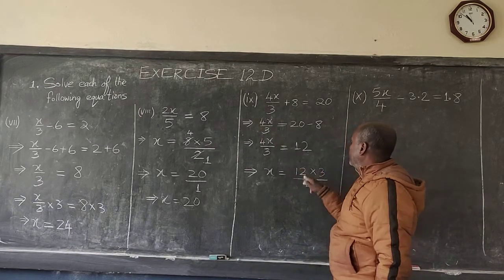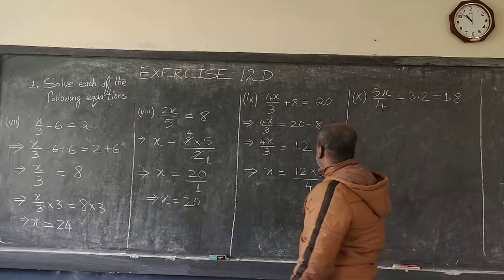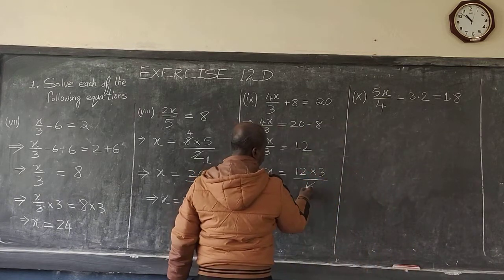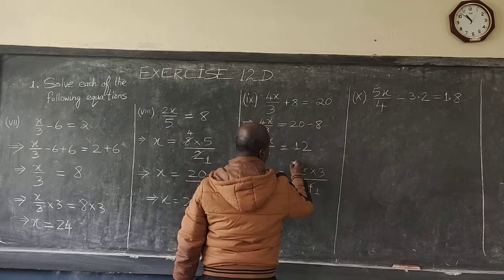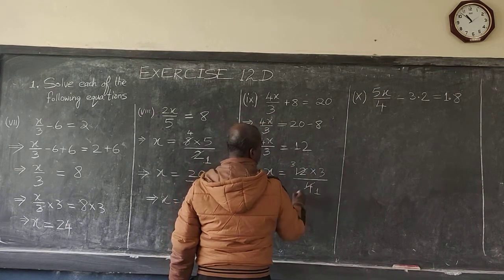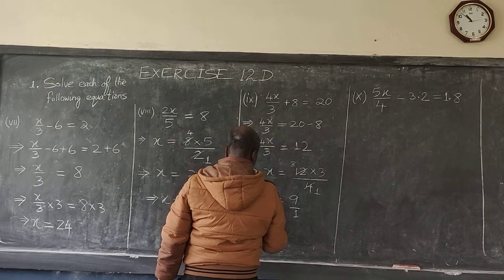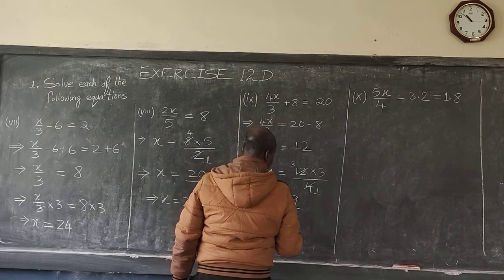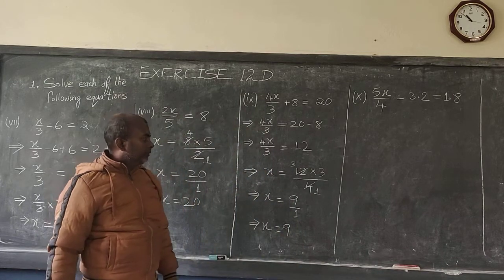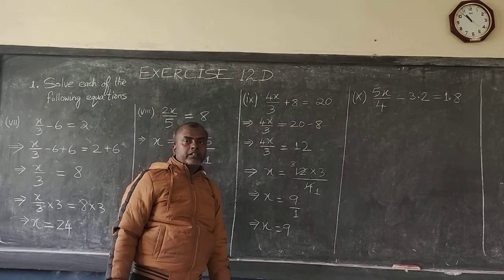So 4 went down, 3 went in the numerator. Now cancelling is possible. 4 stable. 4 1 is 4, 4 3 is 12. So x equals to 3 into 3, 9 divided by 1. 9 by 1 is 9 only. Okay, thus we have solved this equation. X value we got 9.